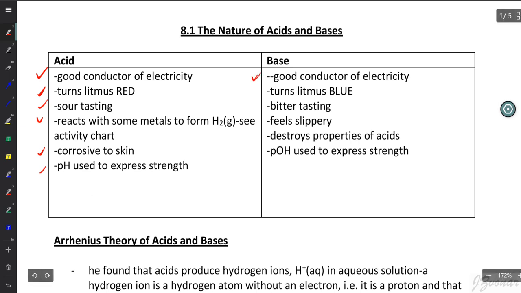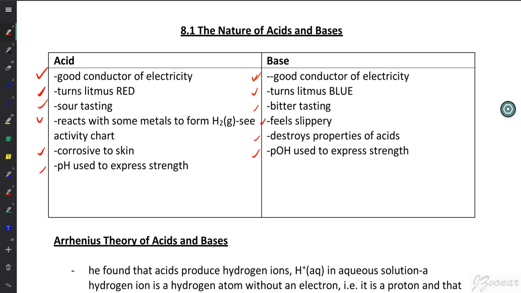They are blue in the presence of litmus paper. They're bitter tasting and they feel slippery. They destroy some of the acidic properties, so they can help neutralize acids, and we can express the concentration using pOH. So pOH helps us to determine the strength of a base.